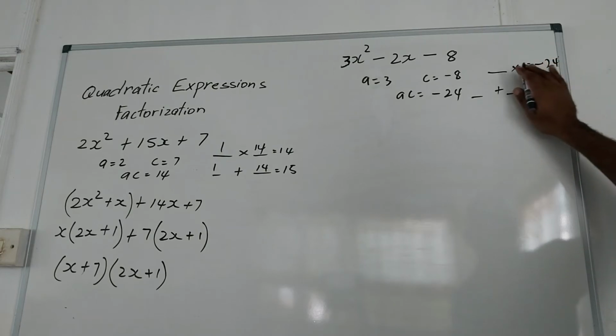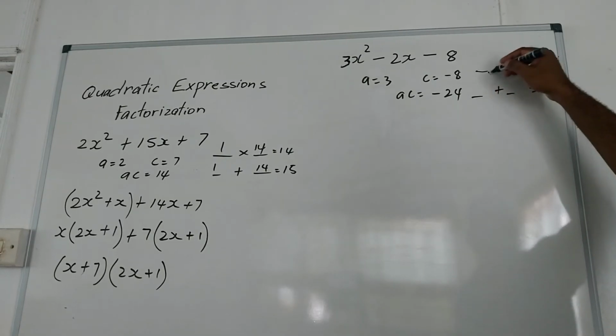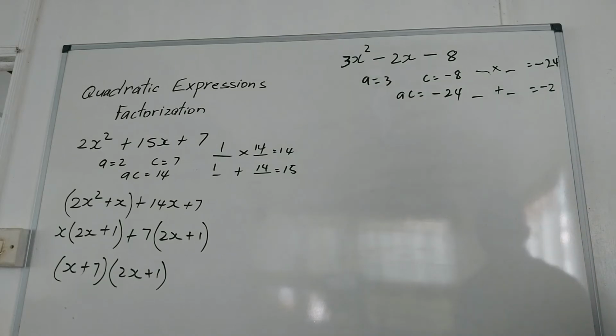Now we know 3 times negative 8 will give us negative 24, yes, but when we add them, we will not get negative 2. So we have to find another two numbers.